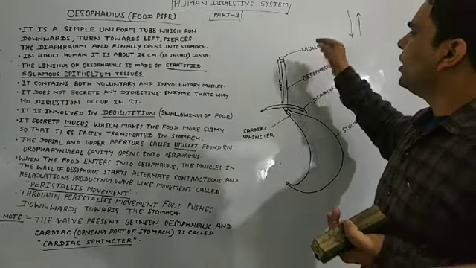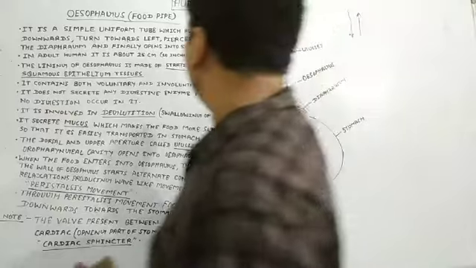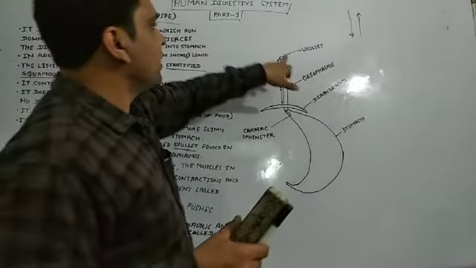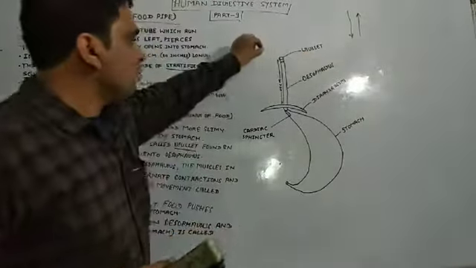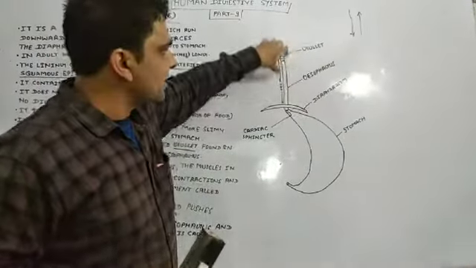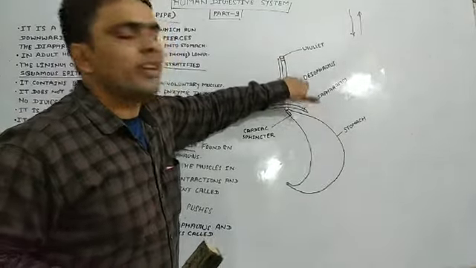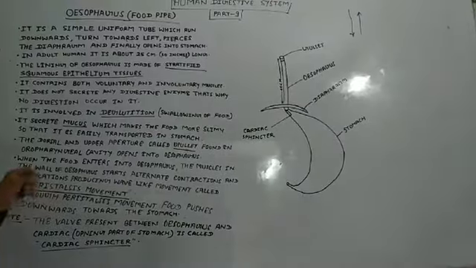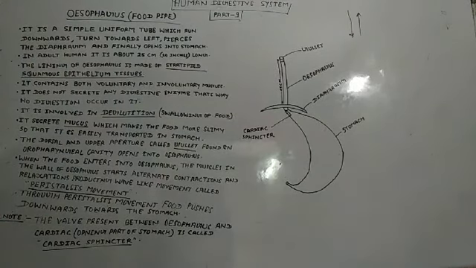What is the gullet? It is a circular cartilage structure found between the pharynx and the esophagus. The opening of the esophagus is known as the gullet. We have already discussed it, so there is no need to discuss it again. If you want to see this point, please see my previous video. Come to the next point.